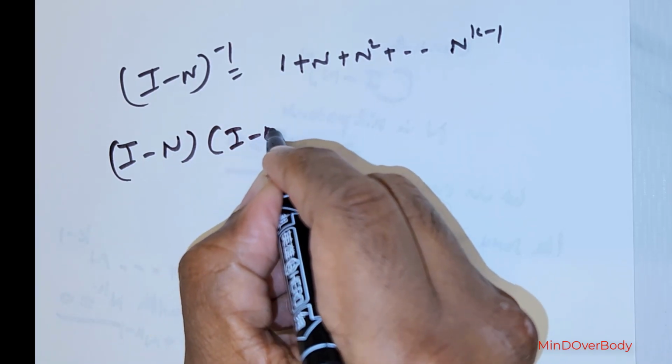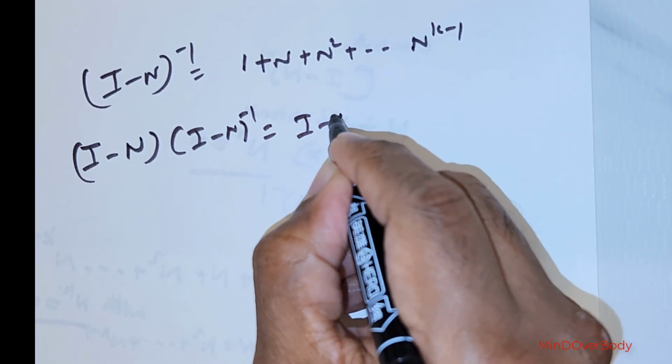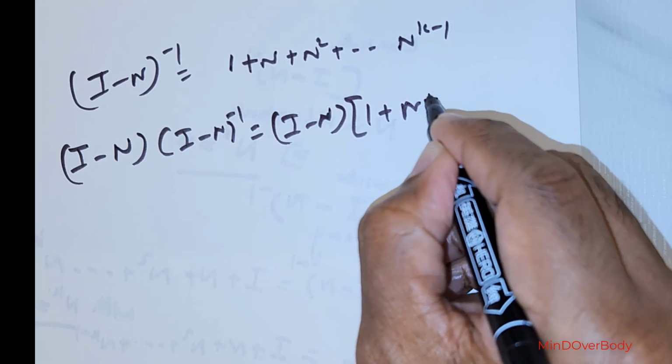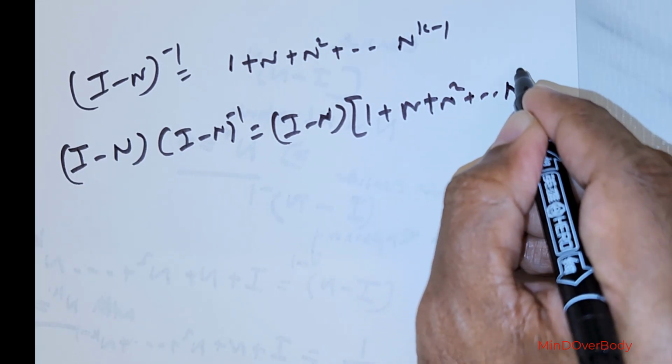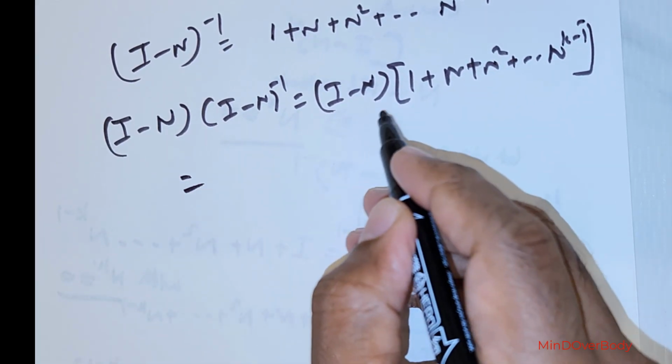So you have (I − n)^-1 is equal to (I − n) multiplied with (I + n squared + etc. + n raised to the power of k − 1).